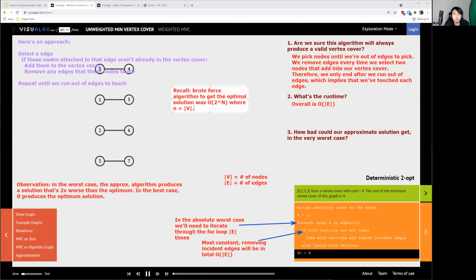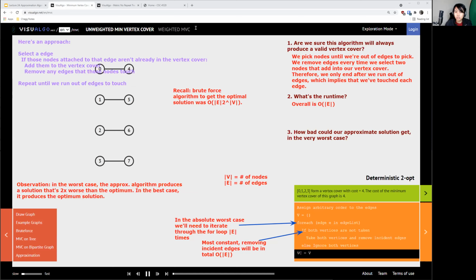If you don't remember, then just believe me. It was actually something like O of E times 2 to the power of V, I think was what I decided on, which is kind of terrible. And actually, it's properly terrible, right? It's exponential time with respect to the number of nodes in the graph versus linear time with respect to the number of edges. So we know that this is at least fast, right?